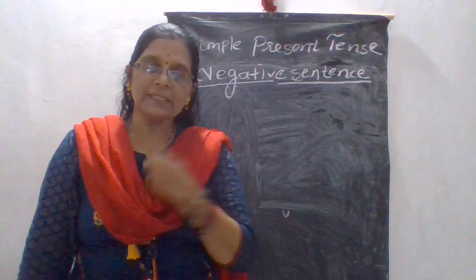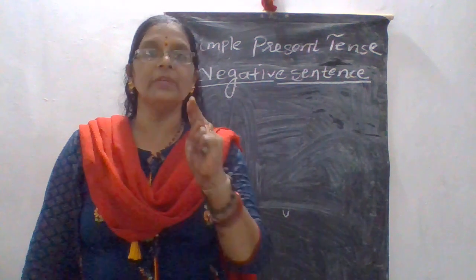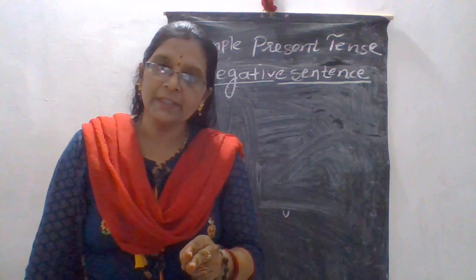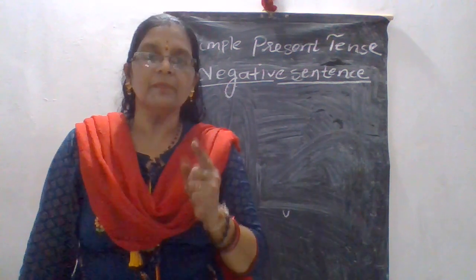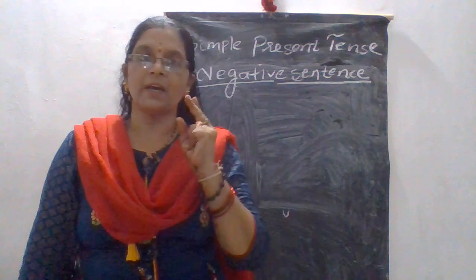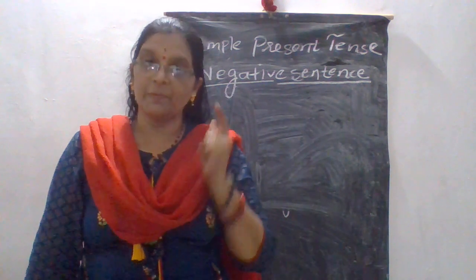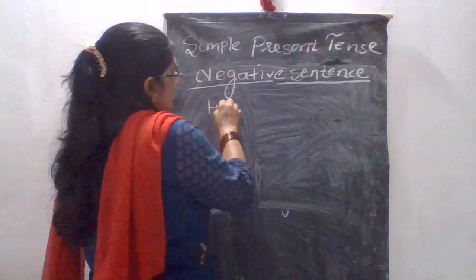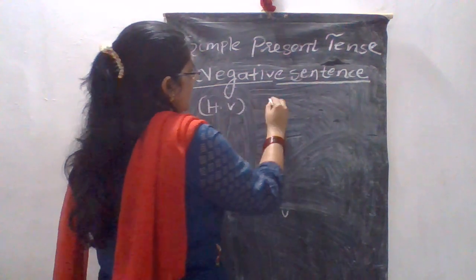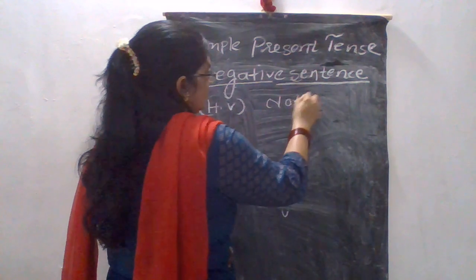What are those two tricks? First of all, whenever we are talking about negative sentences, the most important thing is we need helping verbs and not. We need a helping verb and not.